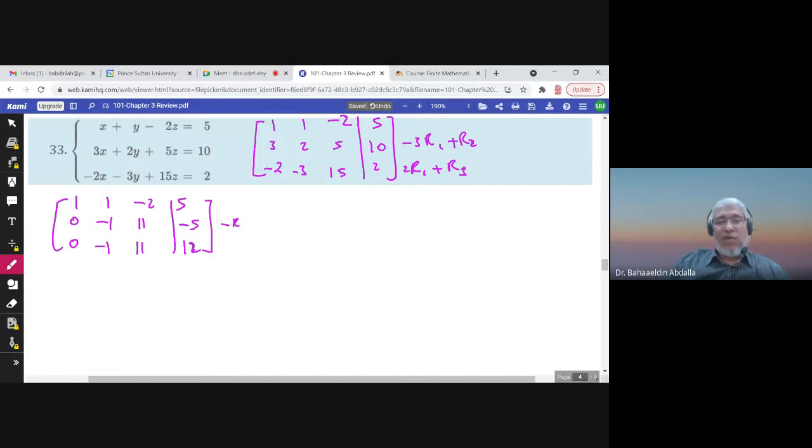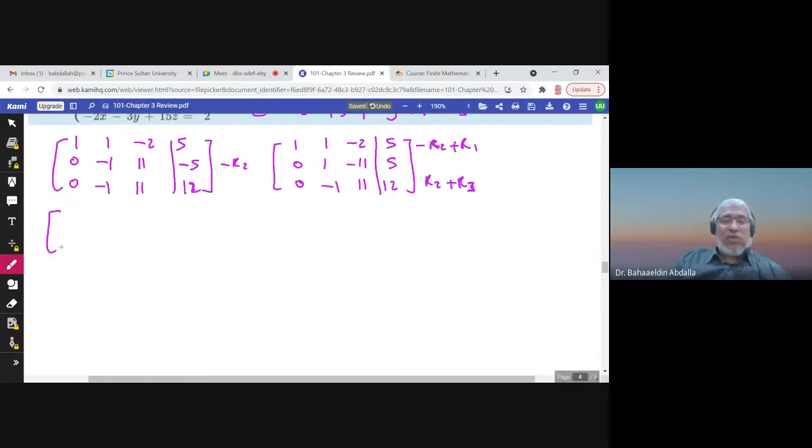Anyway, I'll continue to write it in the reduced form. So 1, 1, negative 2, and 5, 0, 1, negative 11, and 5, and here 0, negative 1, 11, and 12. Now I use this one to make the one above 0 and the negative one below also 0.